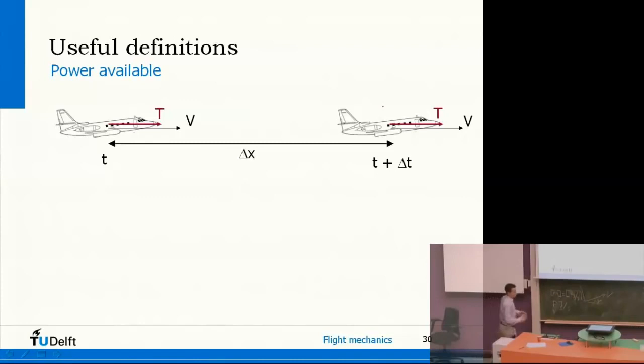Now, if you look at the amount of energy that it takes to get from A to B, there's something which is called work, which is basically a force times the distance, which is energy. So the force in this case is thrust. The distance is this delta x, or x2 minus x1, and that's the energy you need to go from A to B.